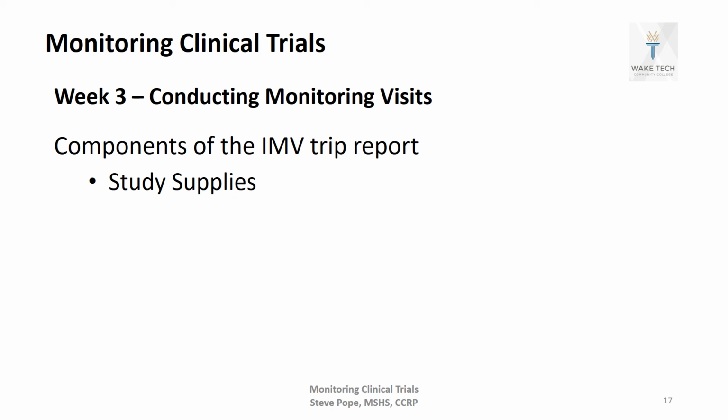Anything that's handed out to a subject would be considered a study supply. So the site needs to have a sufficient inventory of these items in order to proceed in the trial. So you'll need to assess that at each of your visits.